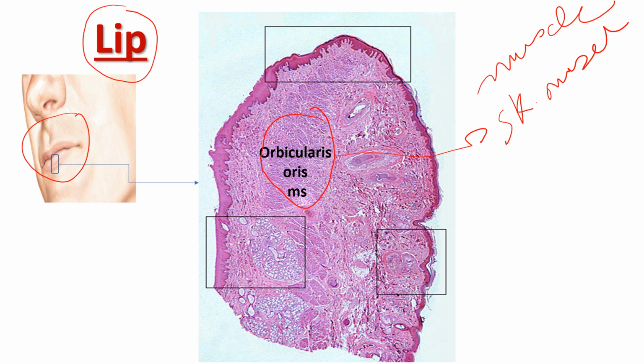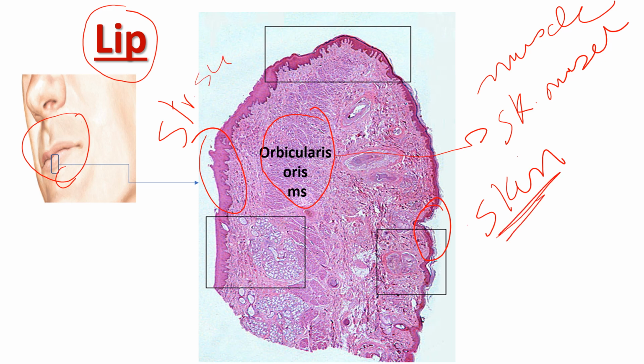It is covered from outside by skin, and from inside by stratified squamous epithelium, non-keratinized. So this muscle is lined from inside by non-keratinized stratified squamous epithelium, while from outside it is covered by skin.